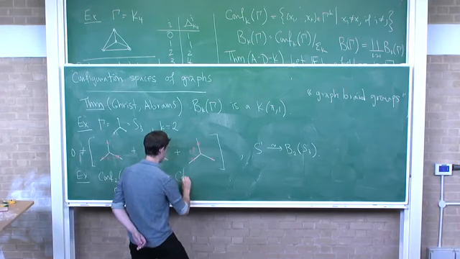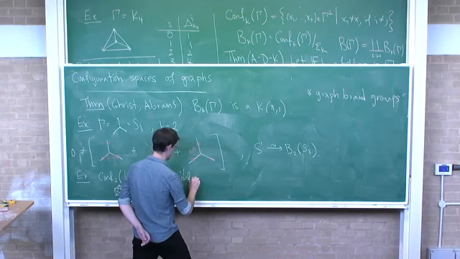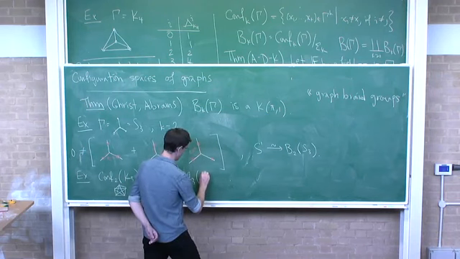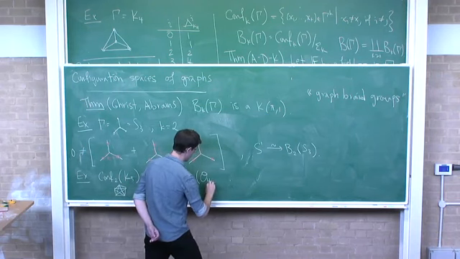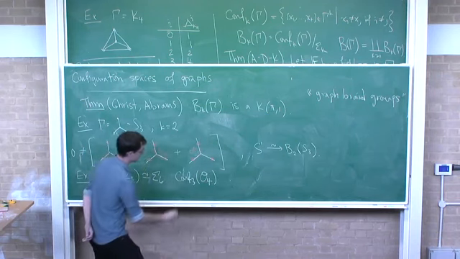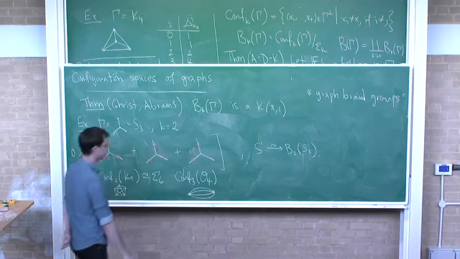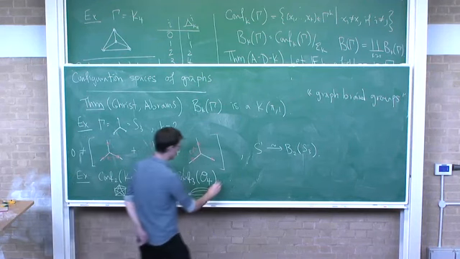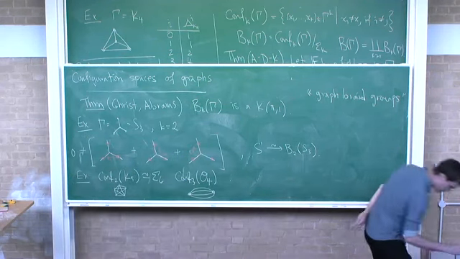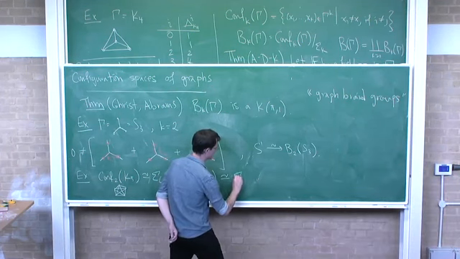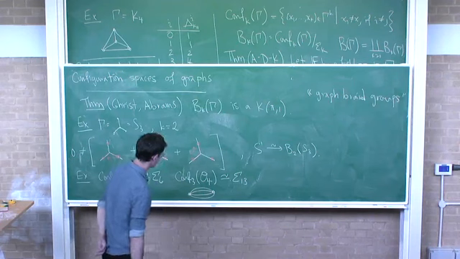If you look at the configuration space of 3 points in the theta graph on 4 edges, so that's a graph that looks like that, this is homotopy equivalent to a surface of genus 13.